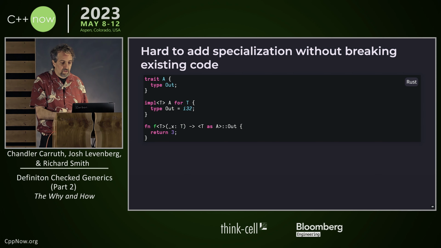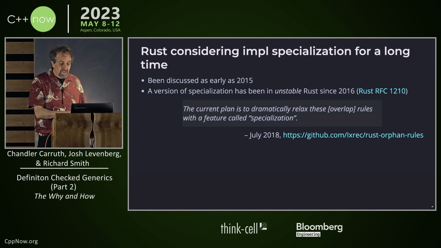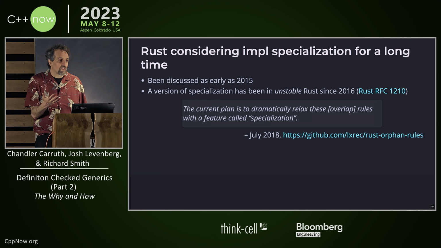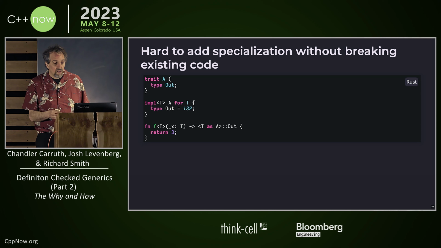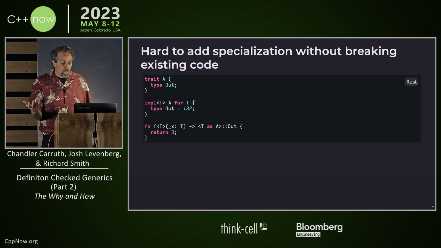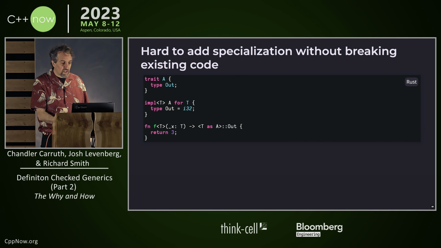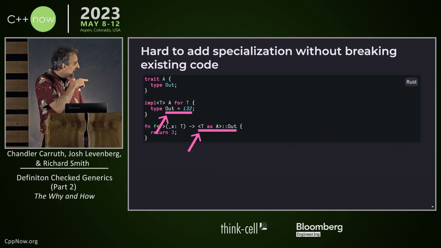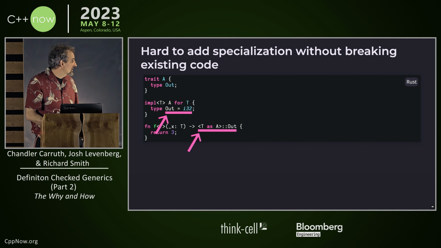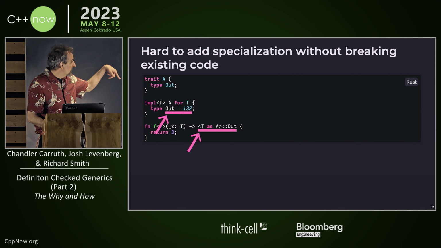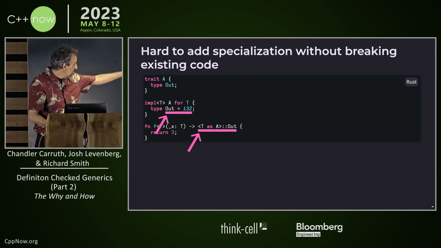But there are still problems that make it hard to add specialization. For example, given a blanket implementation, can the compiler use the value of its associated types? Without specialization, the answer is yes. So this code compiles, even with the return of 3.